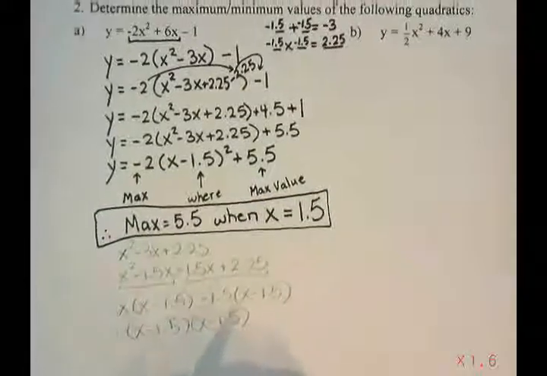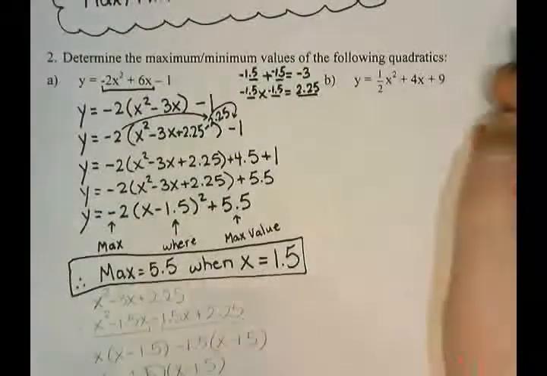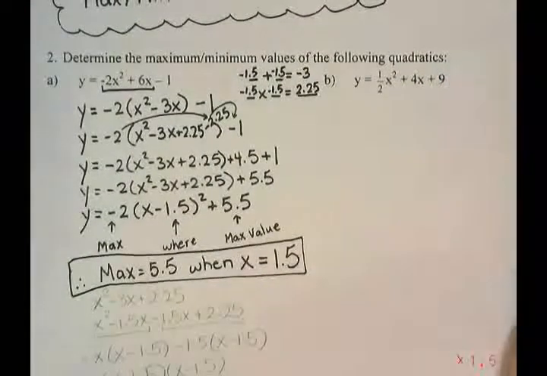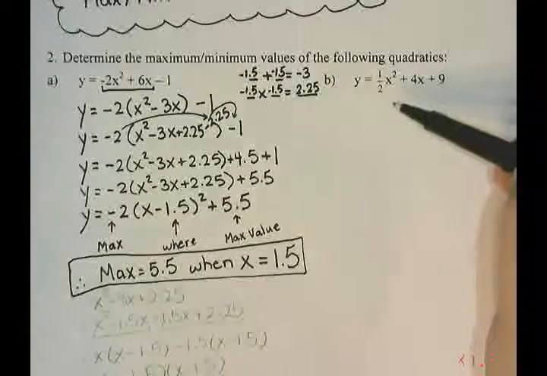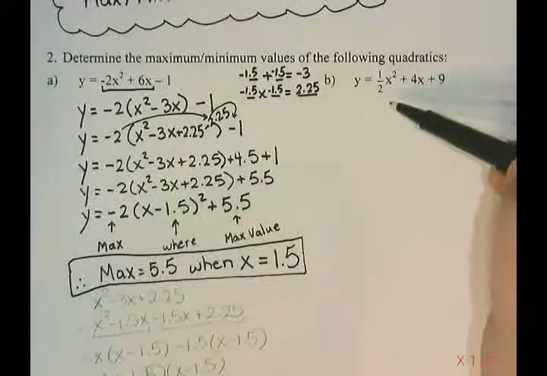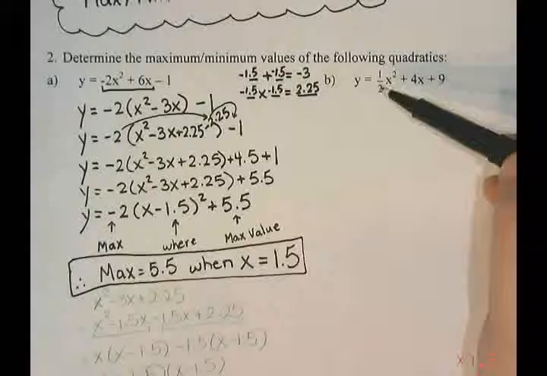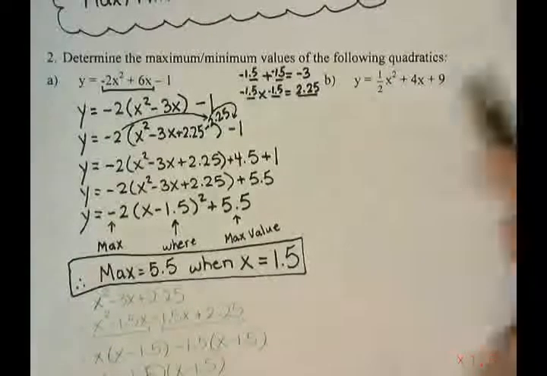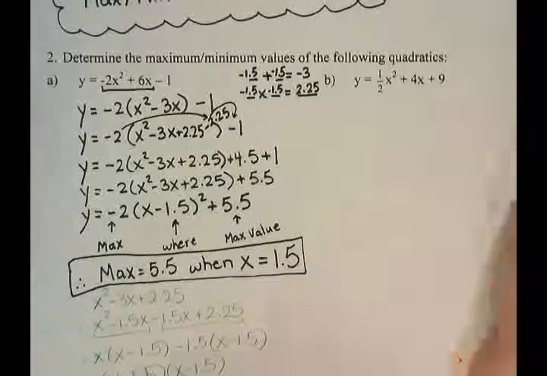Now let's try, we have one more. So I have y equals 1/2 x squared plus 4x plus 9. Now I do notice that this one has a fraction, and if it's a fraction that works out to be something nice that you don't have to round, I am okay with you making it a decimal, but sometimes it's not so bad to try and work with the fraction.